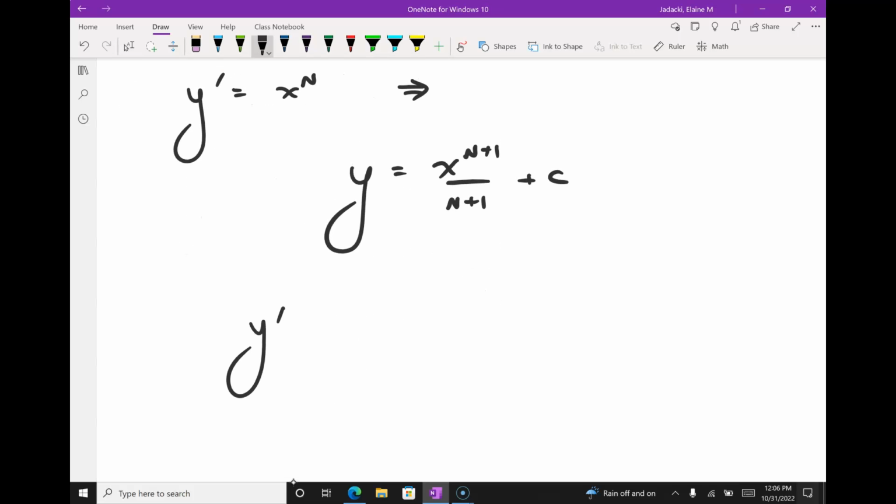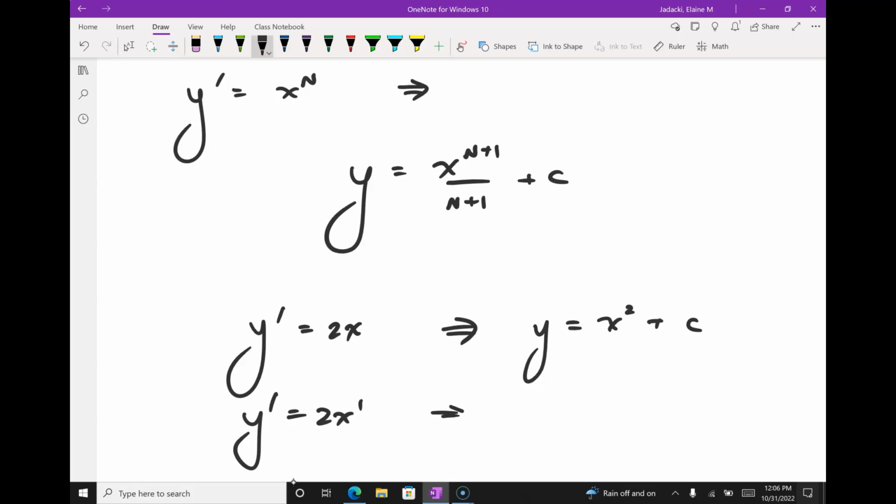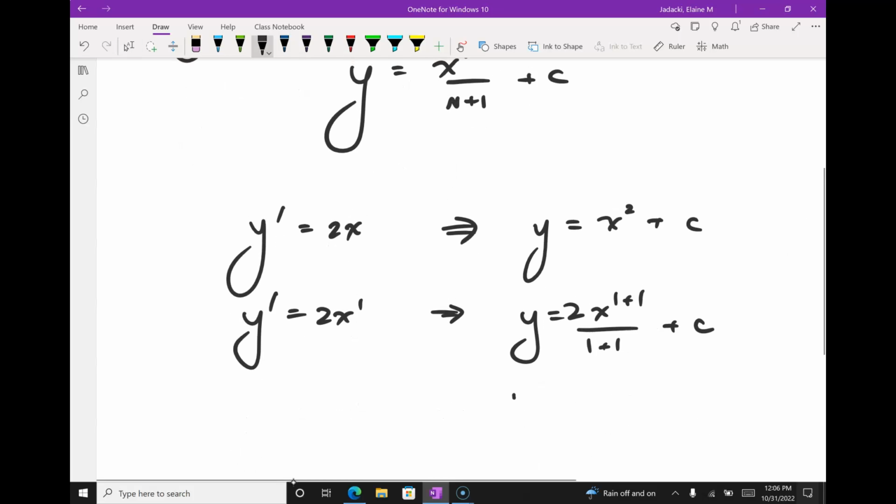So if y prime is 2x, we already know y is x squared plus c, right? X squared plus 3 or x squared minus 5 or whatever, right? You with me? But let's look at it with the power rule, right? I'm going to add 1 to my power and divide by the new power and add a constant c.